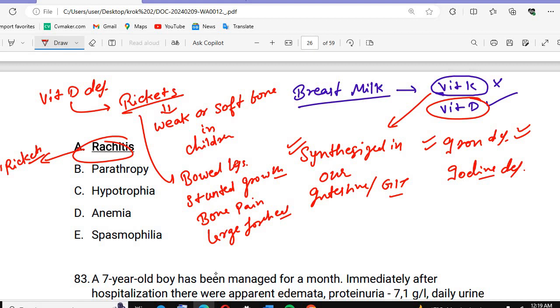Okay, just remember these will be deficient: iodine and iron. And one more thing: bowed legs, stunted growth, bone pain and large forehead are what is seen in rickets. There are weak or soft bones that we see in children in rickets.